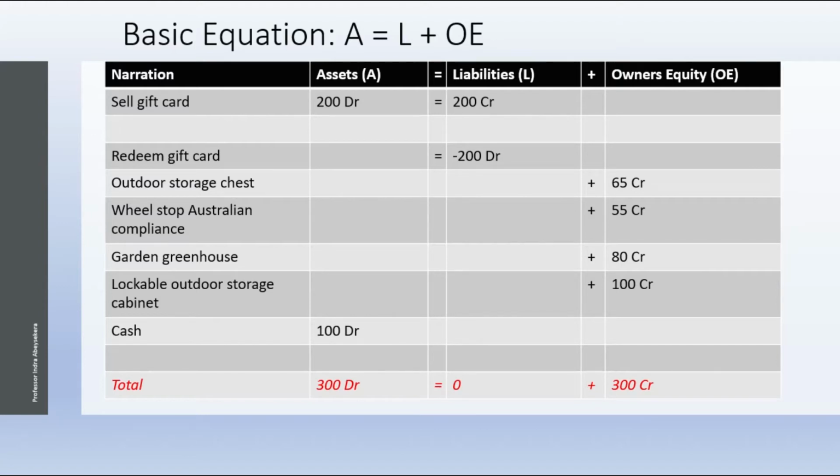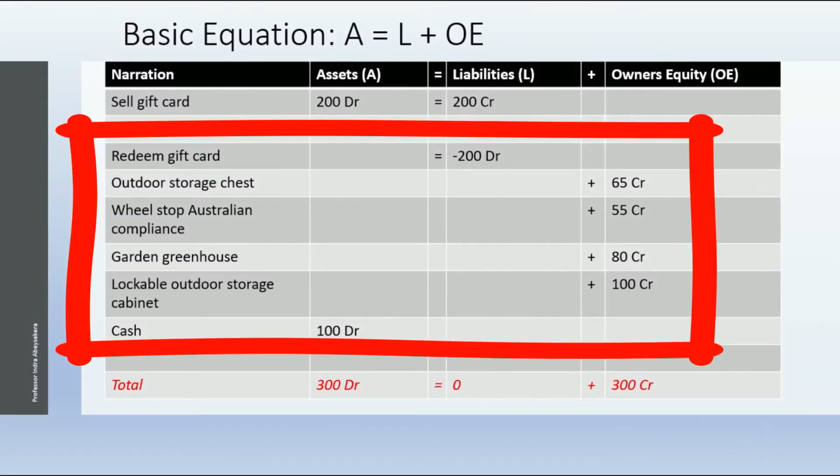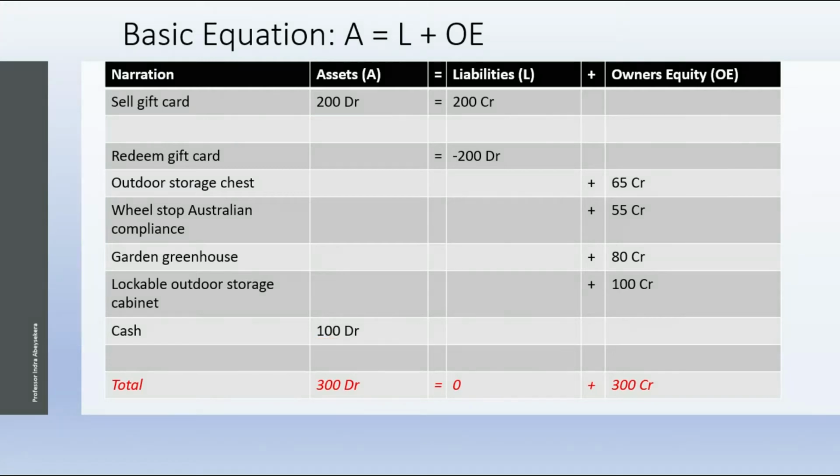Mandy then redeemed the gift card of $200, and the store sold the items: storage chest, wheel stop Australian compliance, garden greenhouse, and a lockable outdoor storage cabinet. When you add up all the items sold, that adds up to $300, and there's a remaining amount of $100 which was settled, and the store received cash.